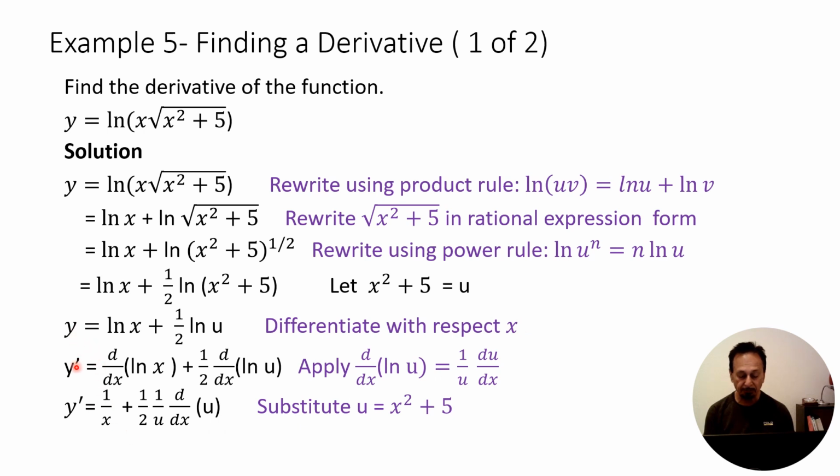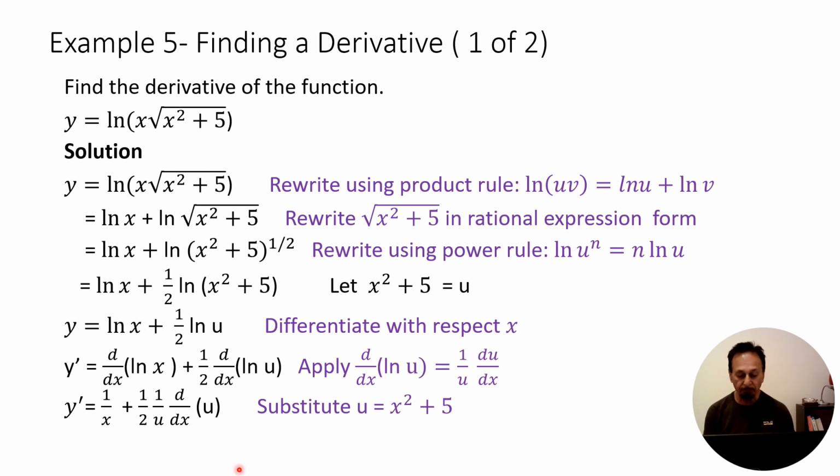So y prime is d over dx of natural log of x, and you can factor out 1/2, and it's the d over dx of natural log of u. Here, for the basic natural log of x, the derivative is 1 over x. But here we can apply this rule, which tells you it's 1 over u, with the 1/2 already there. So 1 over u times d over dx of u.